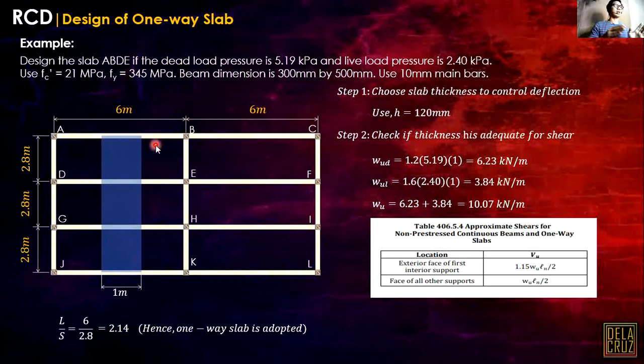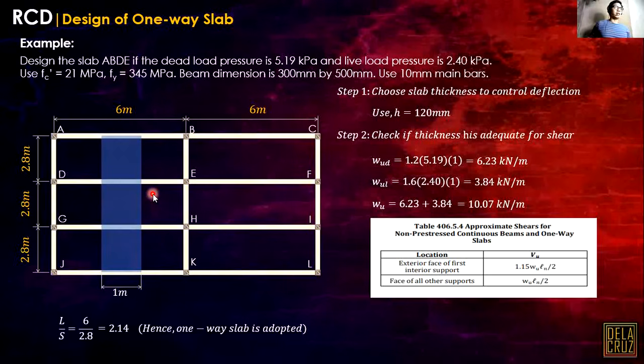Because we are basing it on the outside supports. If these are the outside supports, then these two are the first interior supports. So first interior support, but exterior face. So the exterior face here is the outside, that is facing outside. On the other side, that is facing inside. That is what we call the interior support.